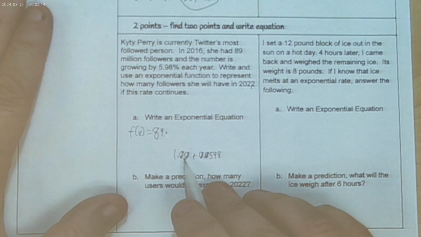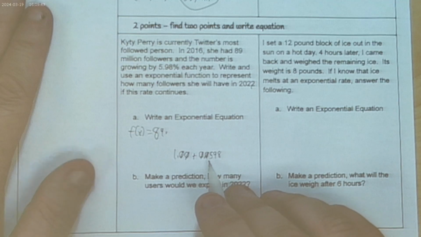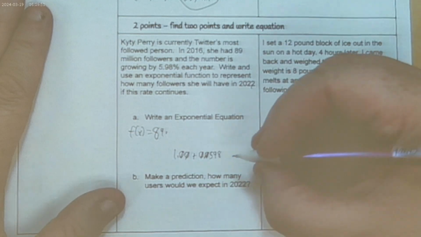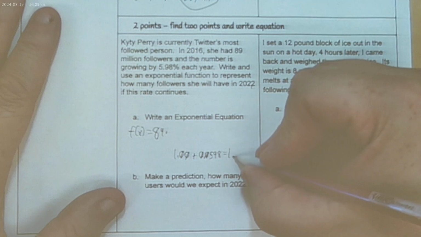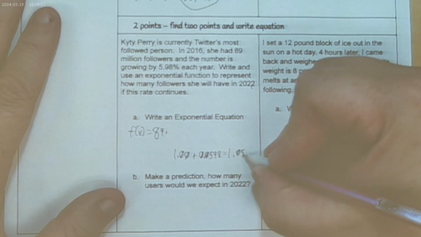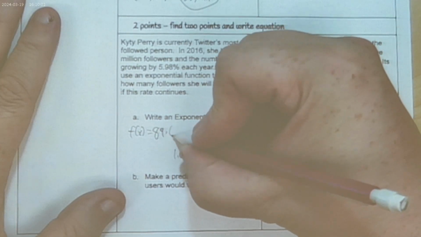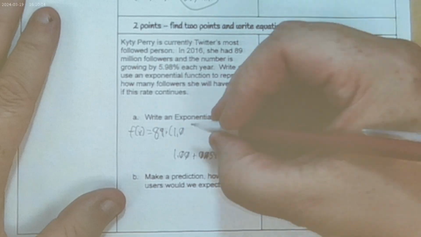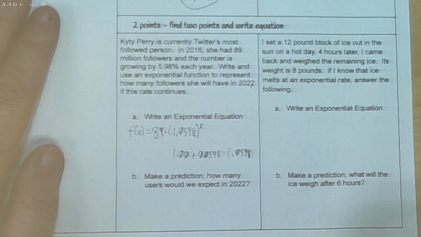This is our break-even point where we gain nothing. We're getting 5.98% more than the break-even point, which means inside our parentheses we've got 1.0598. So 89 times 1.0598 raised to the x power.